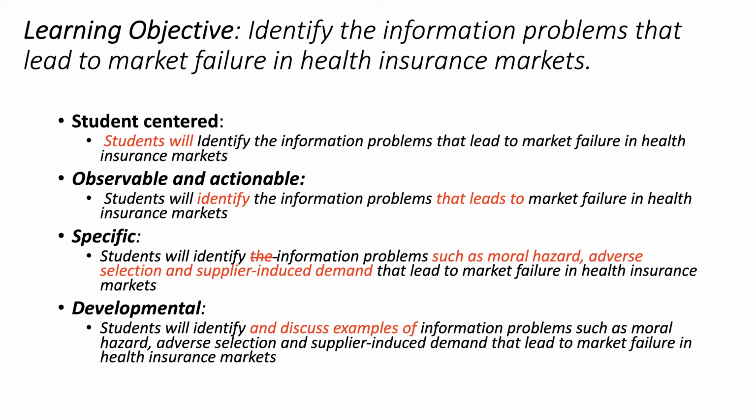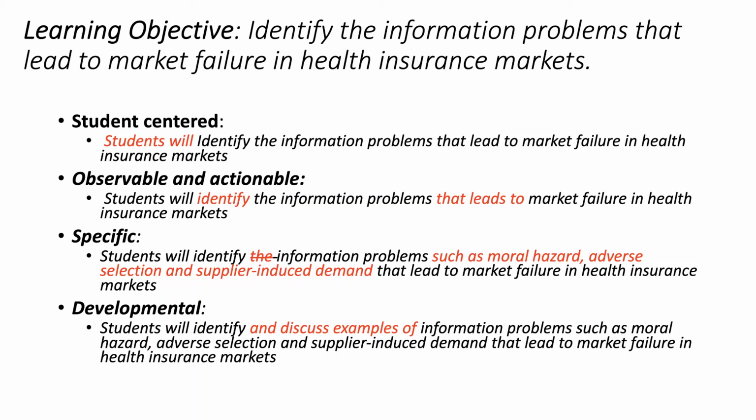This step is the developmental stage, and we all know that learning is developmental. So the powerful learning outcome here will cultivate both foundational and higher order thinking skills, and also depends on your audience. Are you teaching undergraduates? Are you teaching graduate students? Are you teaching people who are working and coming for some certificate course?